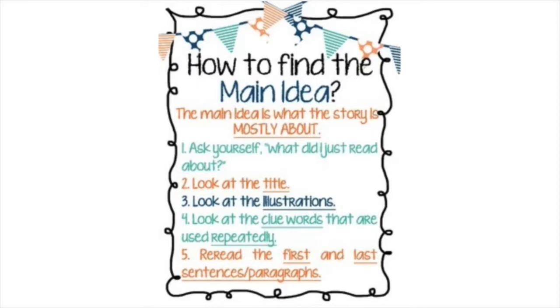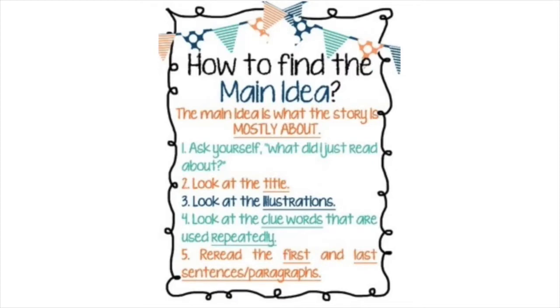Then the next three things are going to be super helpful, and it's what we're going to focus on today. The second thing you can do is look at the title. The title is almost always going to give you an idea of what the main idea is.